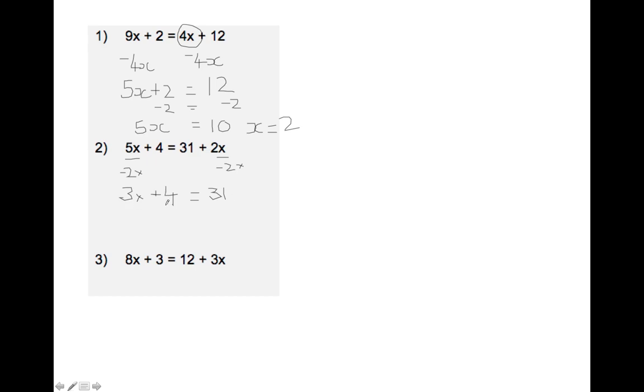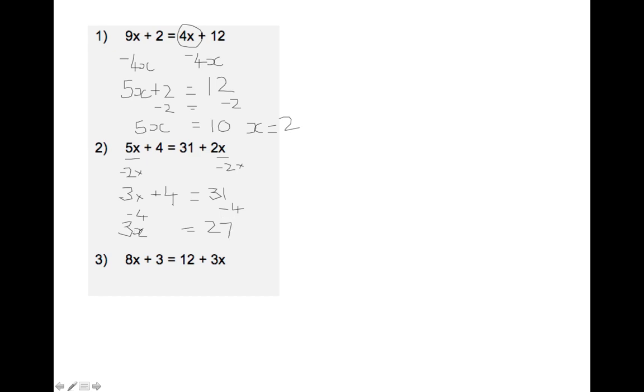So let's take away the 4. So take away 4 from this side, take away 4 from that side to keep it balanced. 3x plus 4 take away 4 is just the 3x on its own. And on this side, 31 take away 4 is 27.